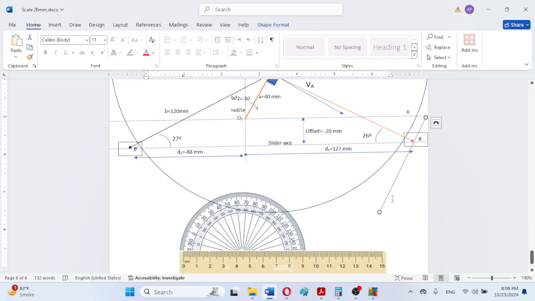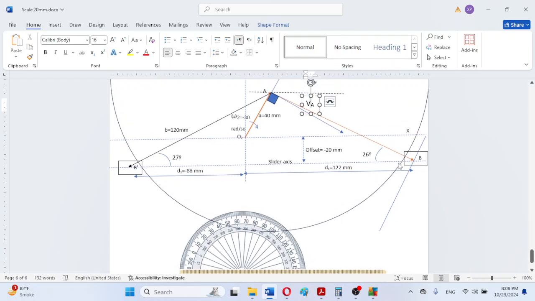Now we can measure the angle of this line, which is actually the BA line. Its correct direction will be confirmed or specified after the velocity triangle has been completed. Before this we cannot actually determine the rotation of the connecting rod exactly.